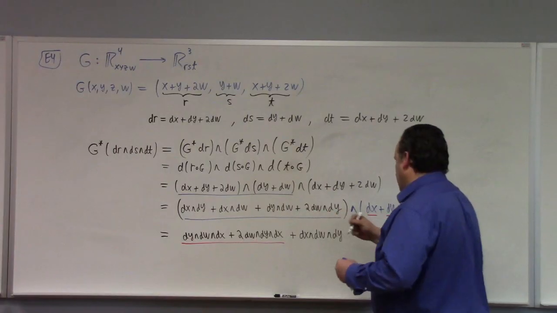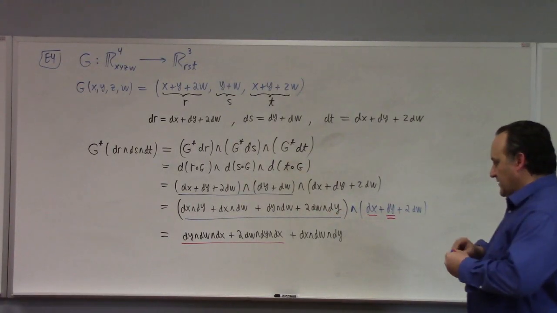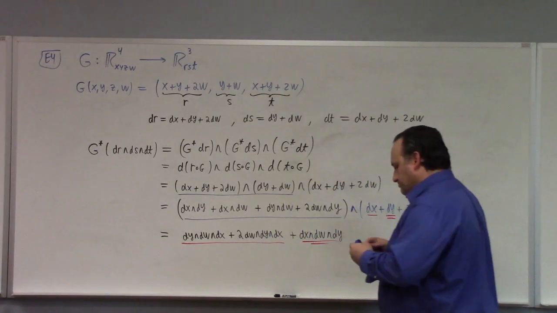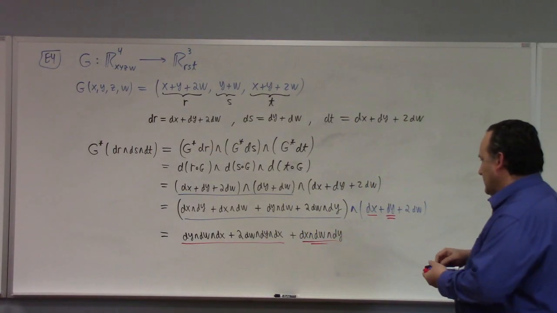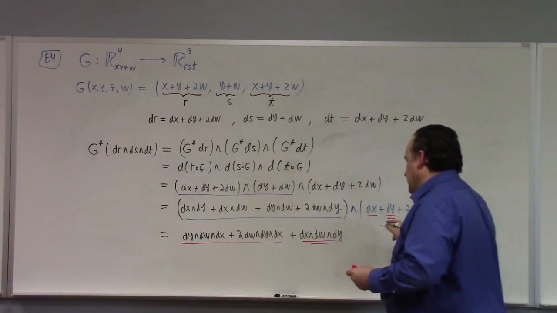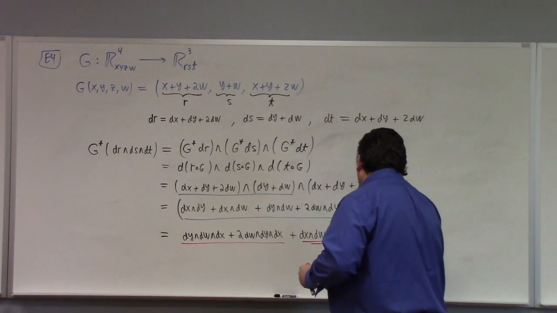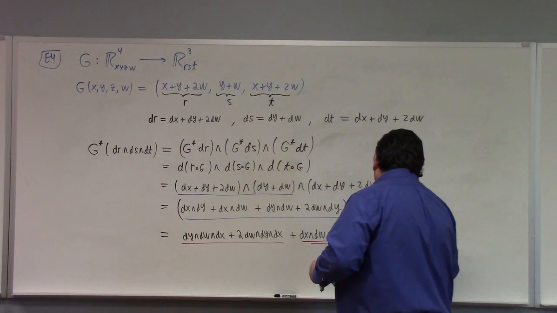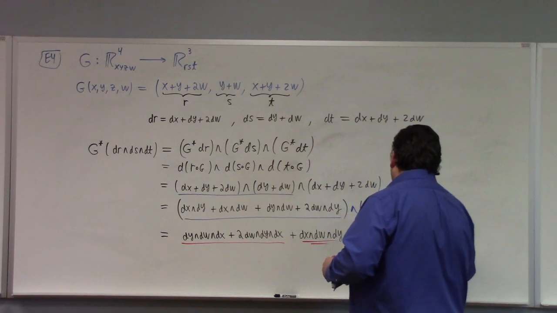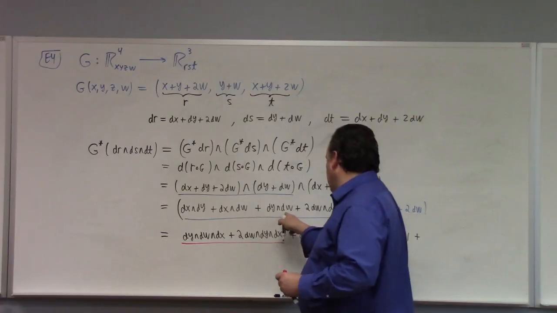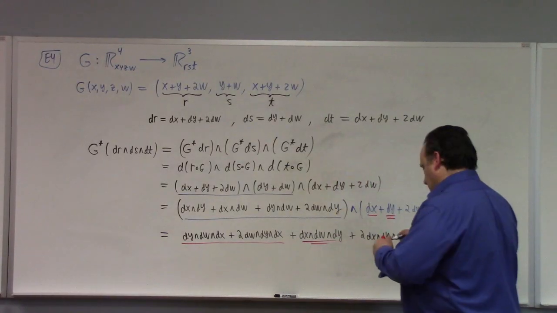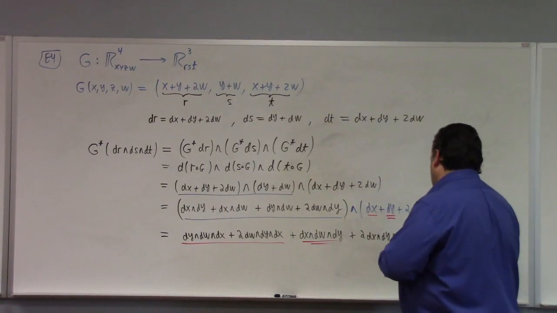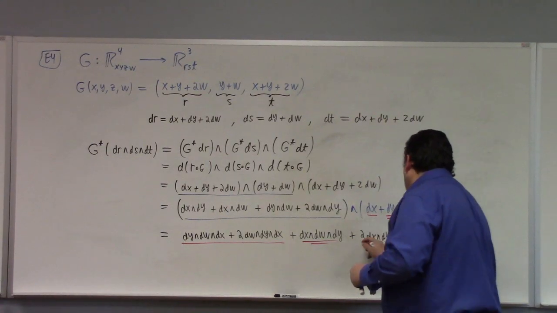And finally, plus, bringing the 2 out front, 2 dx wedge dy wedge dw. There's a w in the other two, so that's it for the w contribution.